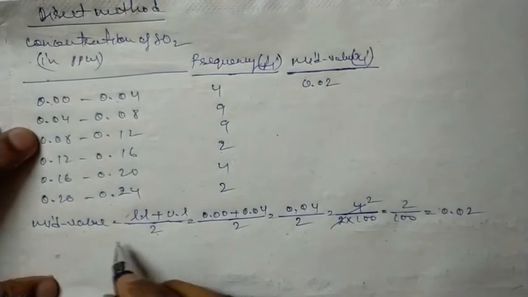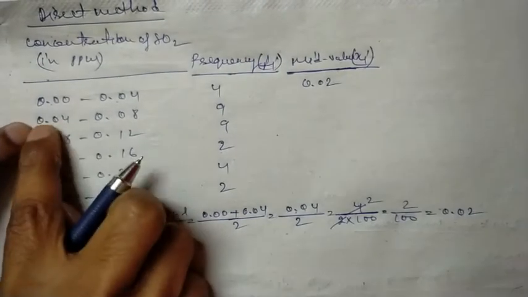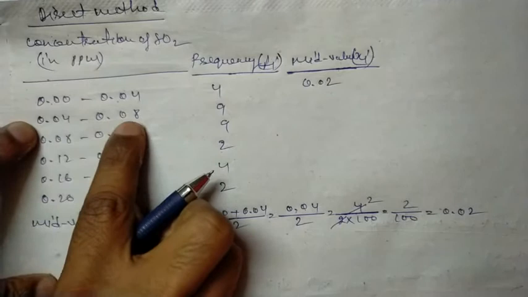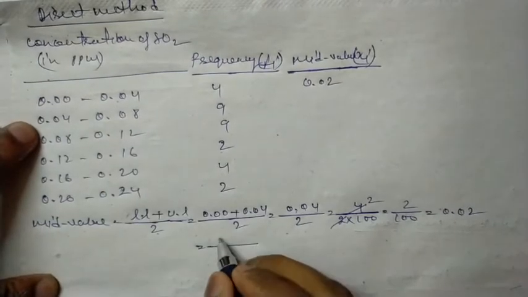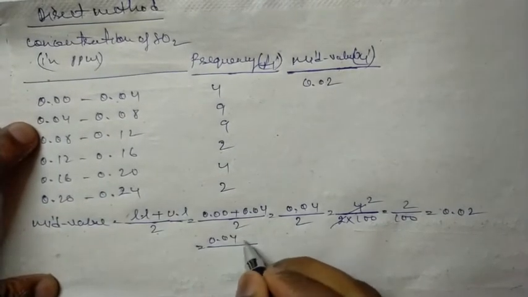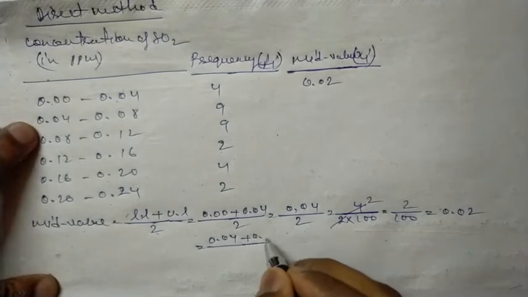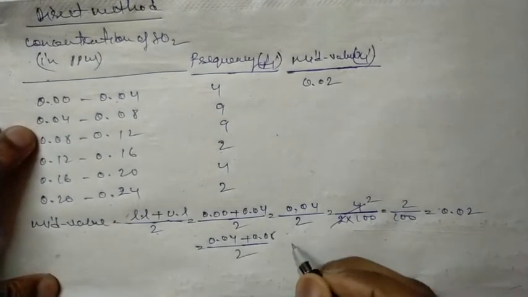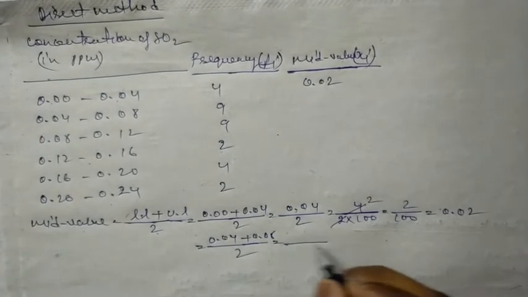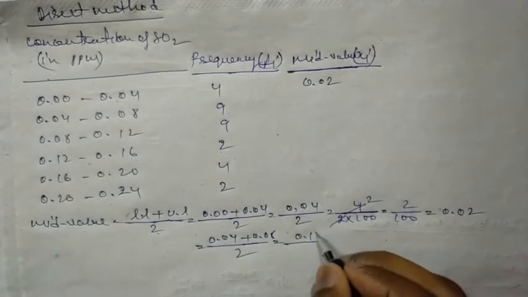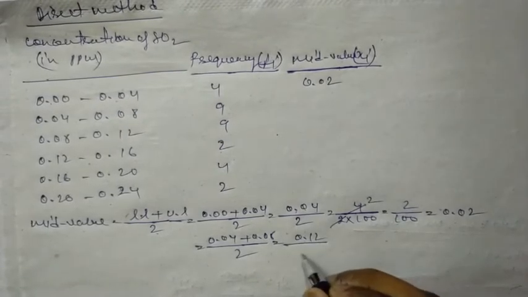Then again we have to find the mid value of 0.04 to 0.08. If we find 0.04 plus 0.08 divided by 2, adding we get 0.12, then divided by 2.